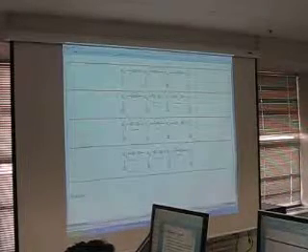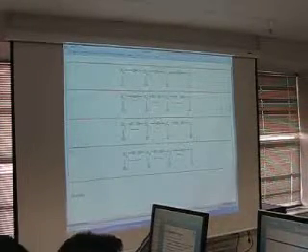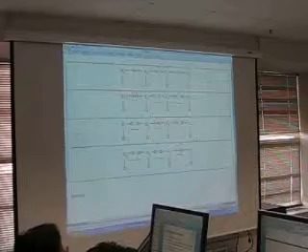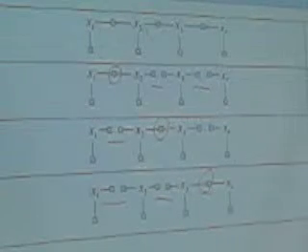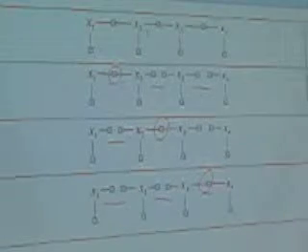For example, between x1 and x2, you can keep this one and split another one to approximate the value of each factor, and after that, for all of the factors, you can split the value and pass the message.